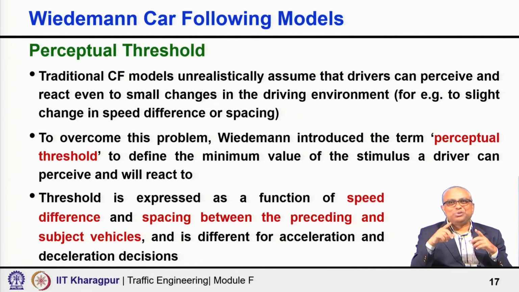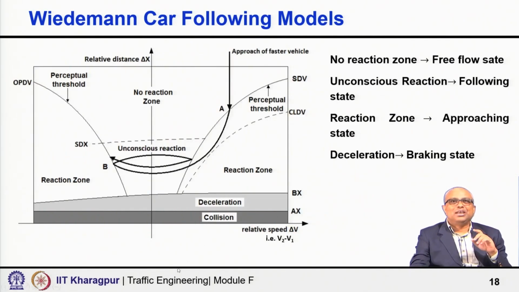So, the values cannot be the same for acceleration and deceleration decisions. Now, based on that, we have shown here how the whole thing can be represented in a diagram. Here the x is the relative speed between two vehicles. How are we calculating? V2 minus V1.